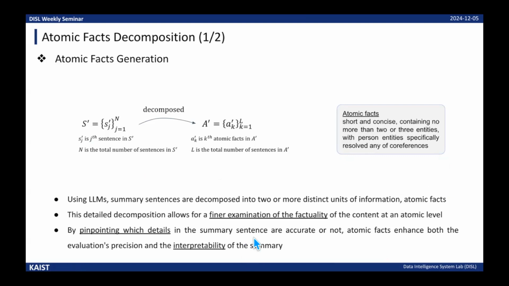They use an LLM to generate these atomic facts. By breaking down summary sentences into 2 or 3 atomic facts, they decompose the summary into multiple sentences, each containing a single piece of information. This process enhances interpretability by allowing us to identify errors in the summary sentences in a more detailed way.